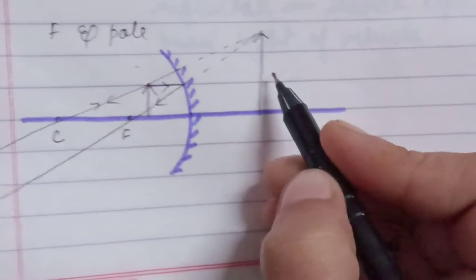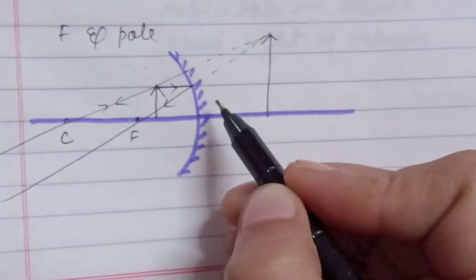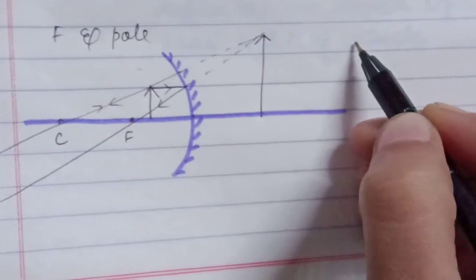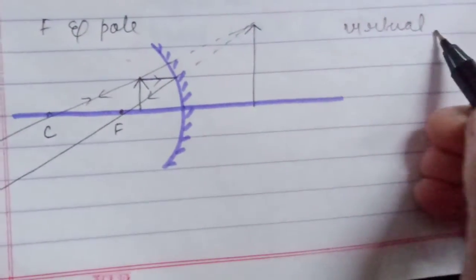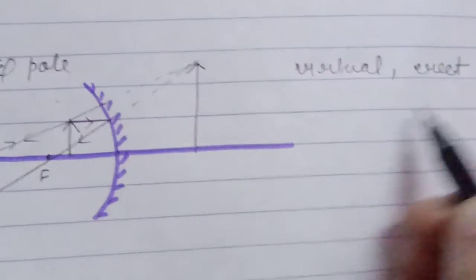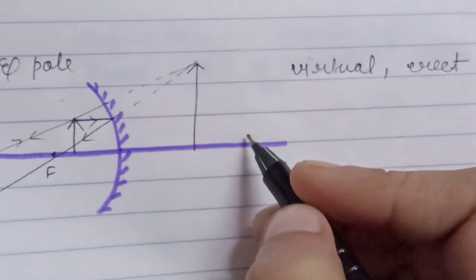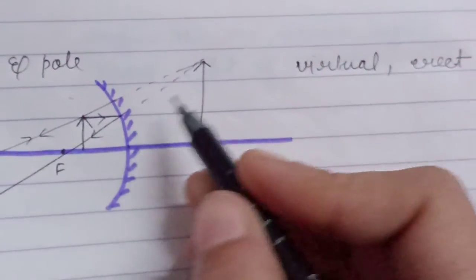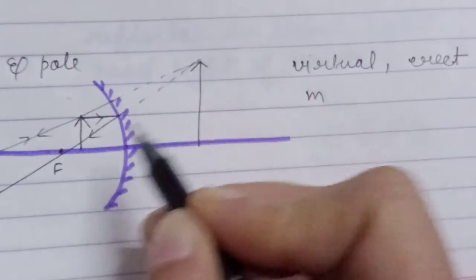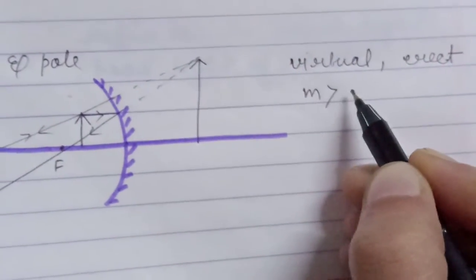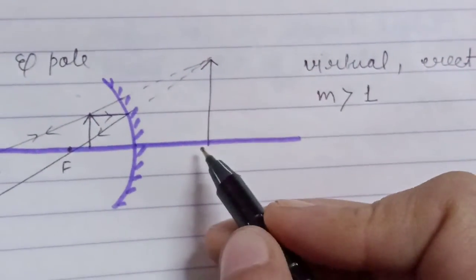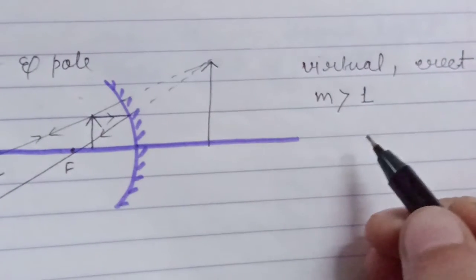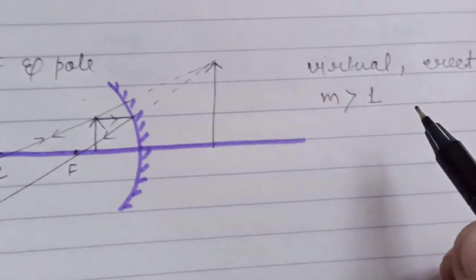Okay, the image is on the polished side, so virtual. It is above the principal axis, so erect. And the size of the image is larger than the object, so the magnification is greater than 1, and the image is formed behind the mirror. This is the sixth and last condition.